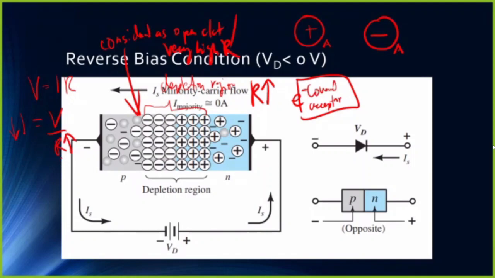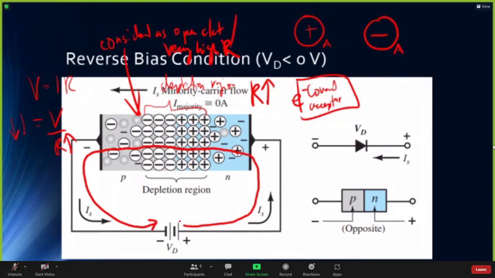The answer is yes. So ang daloy ng kuryente natin, this is the first flow of current na i-introduce ko sa inyo sa electronics from positive to negative. So manggagaling sa positive, papasok sa cathode, dadaan sa diode, lalabas sa anode, babalik sa negative. Yun ang flow ng kuryente natin sa electronics. From positive, pabalik sa negative.